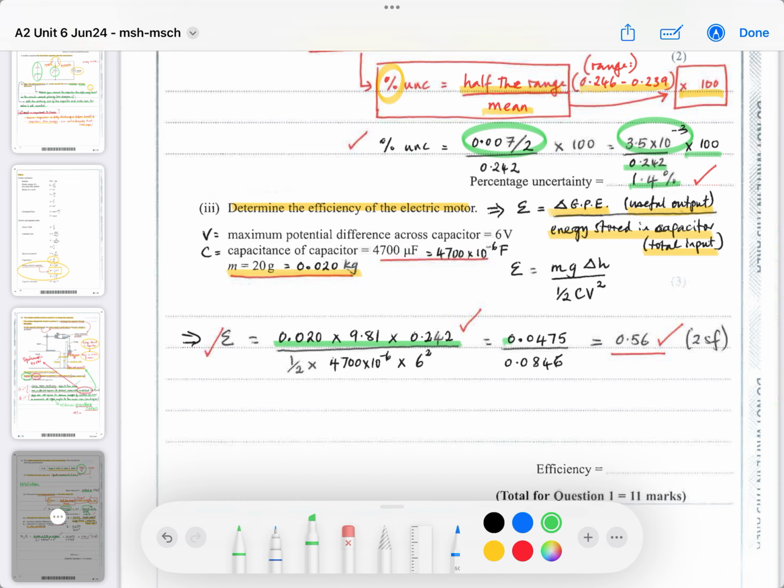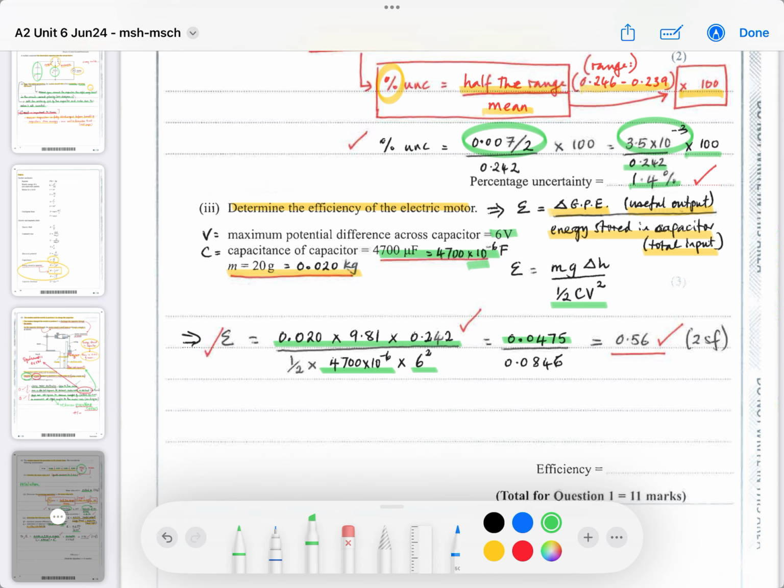So you get the output energy of 0.0475 joules, and the input using the formula that I gave you before, half CV squared, because we know the capacitance, given in microfarads. So you've got to change to 10 to the minus 6, and you have the voltage of 6 given to you here.